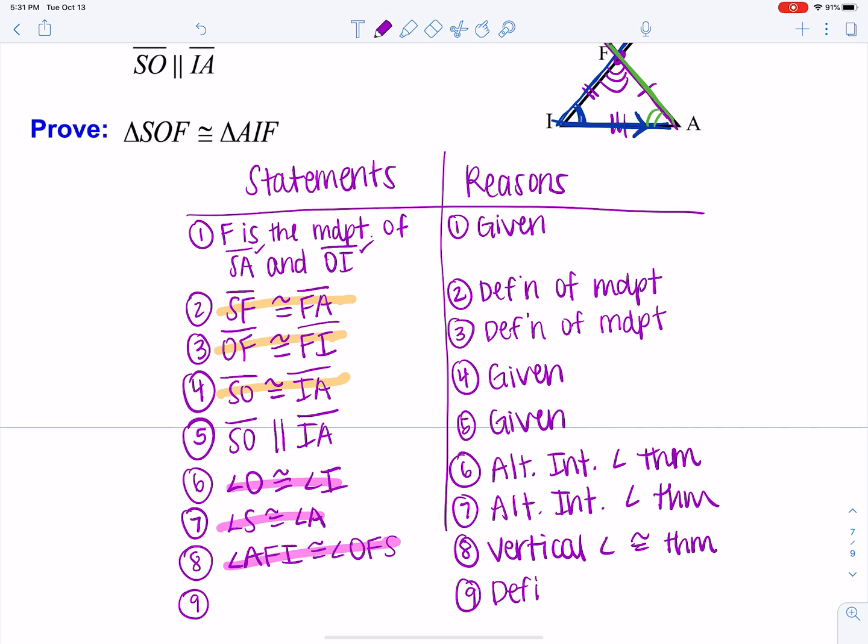The definition of triangle congruence says if all 3 sets of corresponding sides and all 3 sets of corresponding angles are congruent, that means the triangles are congruent. So we can now say, we know for sure triangle SOF has to be congruent to triangle AIF.